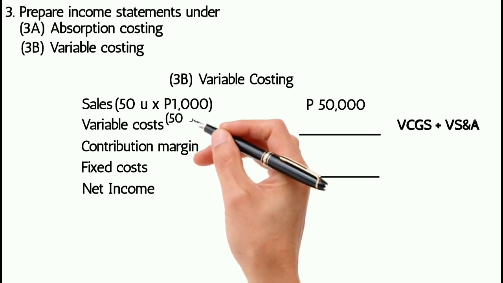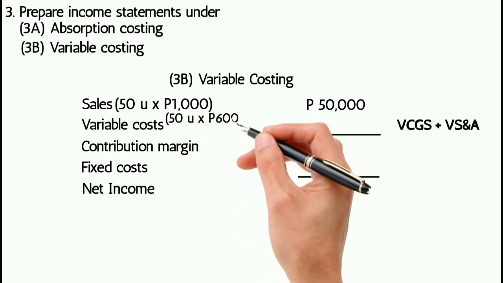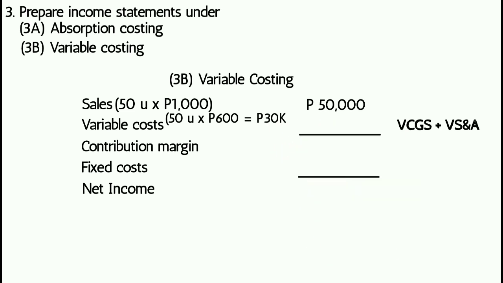So 50 units times 600 pesos, that is equal to 30,000 pesos. Yung 30,000 pesos, yan yung variable cost of goods sold.